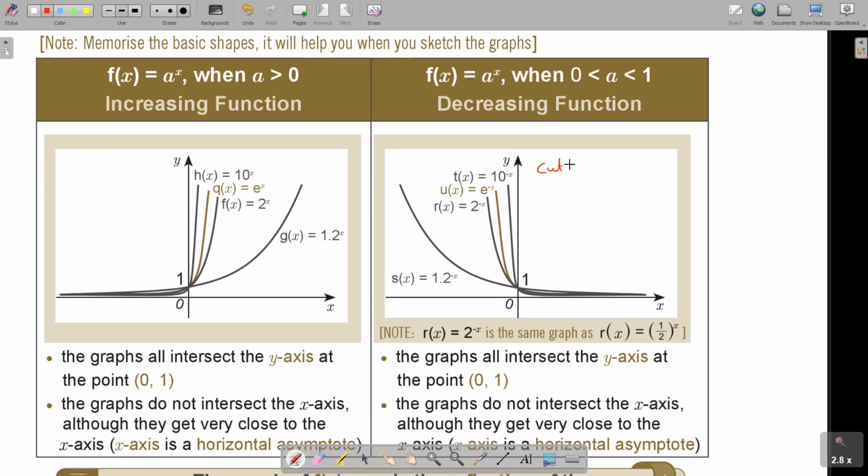If you want to see where it cuts the y-axis, you make x 0. So if you make it 0, then it's e to the power 0, it's 1. And where does it cut there? At 1.